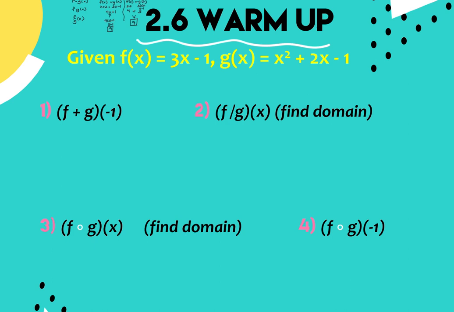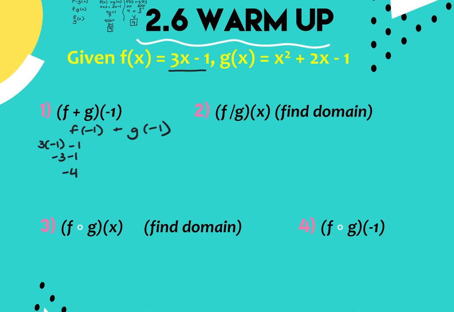So for number 1, it says find f plus g of negative 1. So I can find f of negative 1 and add to it g of negative 1. For f of negative 1, I come back up and find f, which is 3x minus 1. So 3 times negative 1 minus 1 would be negative 3 minus 1, or negative 4.